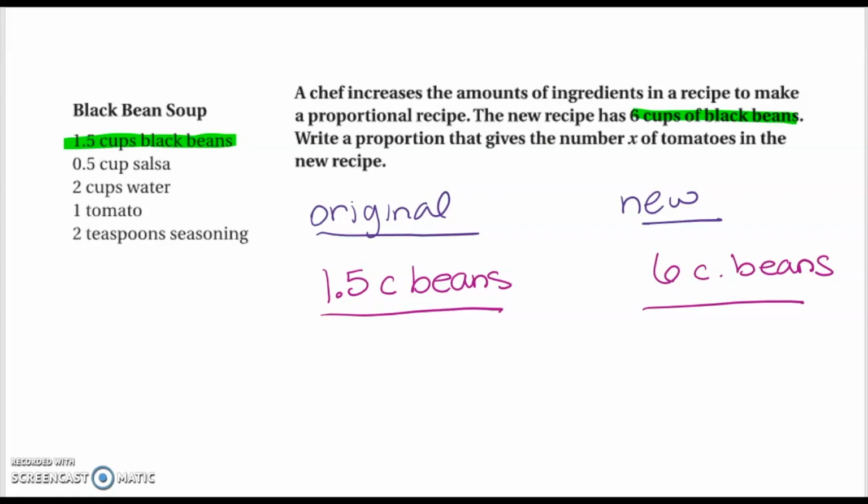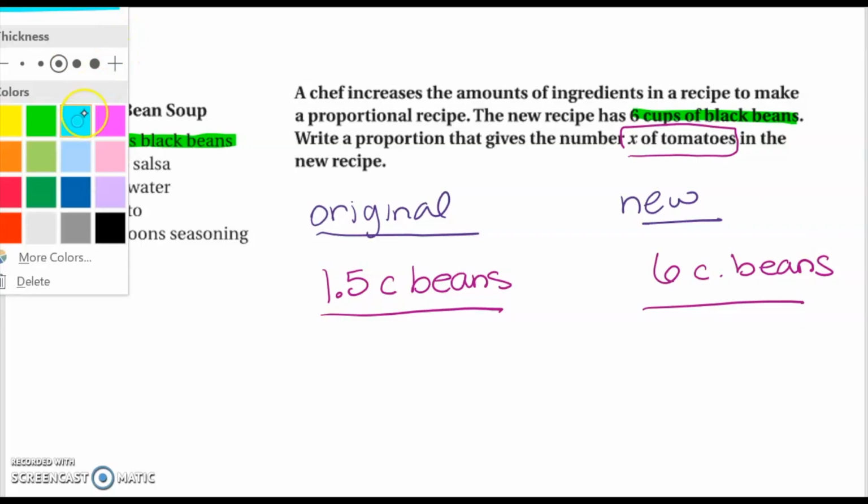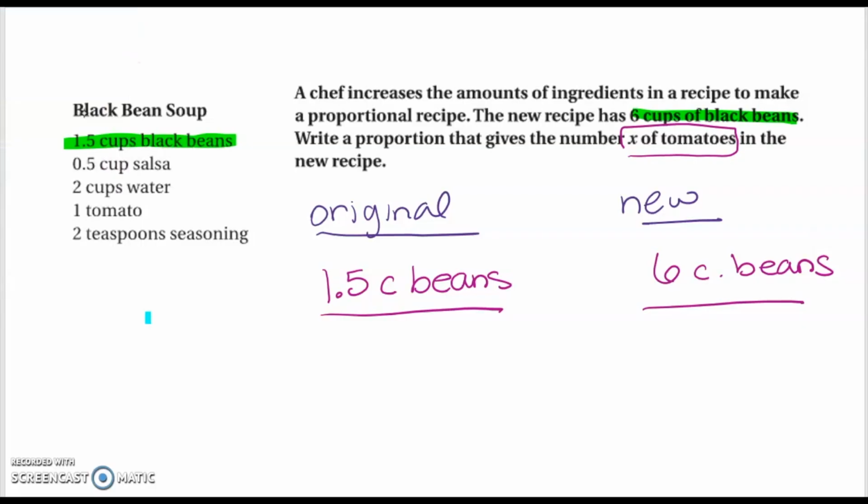Now, then we keep reading and we are trying to figure out how many tomatoes we're going to need. So if we go back to our original recipe, we used 1 tomato. So we originally used 1 tomato, but we want to know how many tomatoes we're going to need.